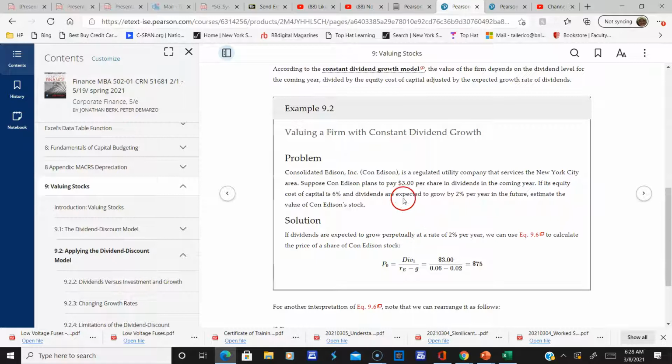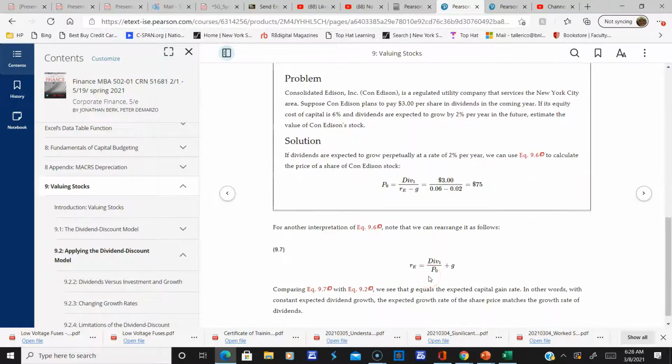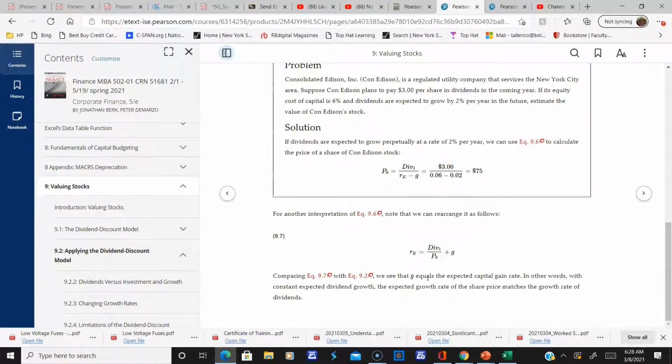All right, so this is a nice simple problem they just show you for Con Edison here. And you know, the math is pretty trivial, right? They're just popping numbers in for you. So they rearrange the equation. They take equation 9.6 and rearrange it to get you the cost of equity, right?